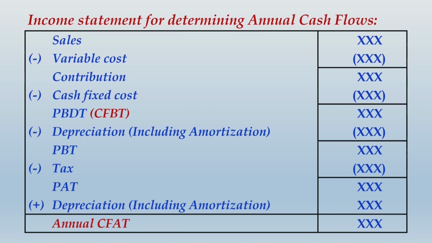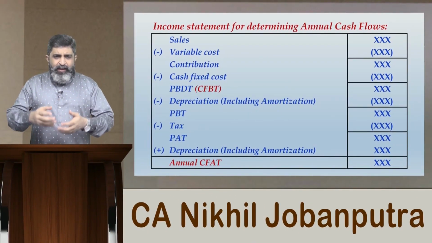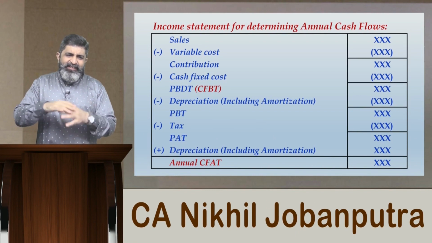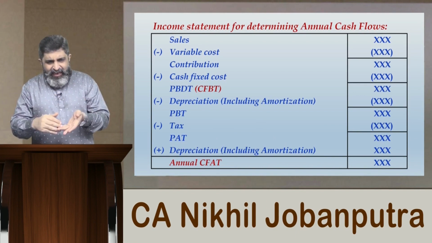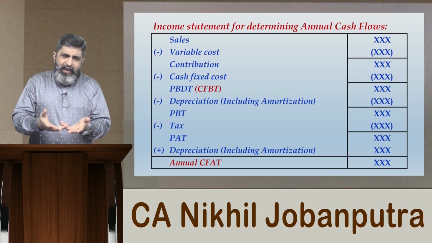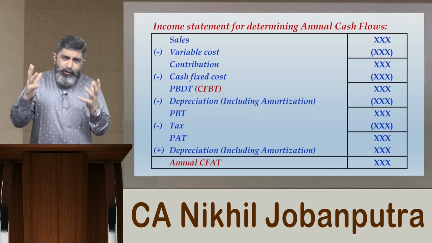Now the moment I mention this statement in front of you, I already know that lots of students will be having doubts in their minds: sir, why are you first subtracting depreciation and then again adding it back? Why don't you just subtract tax and get done with it? What is the sense of first subtracting something and then again adding it back? If you have to add it back again, why in the first order are you subtracting this?